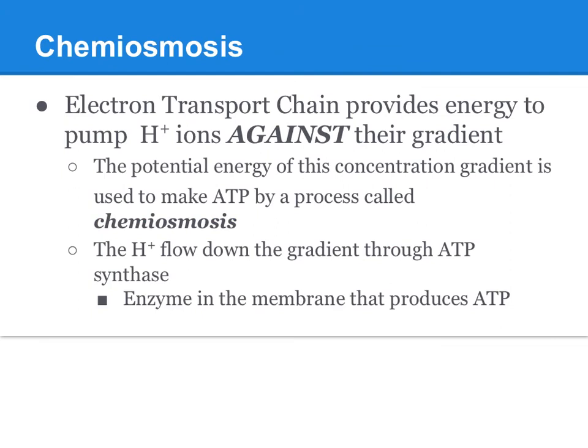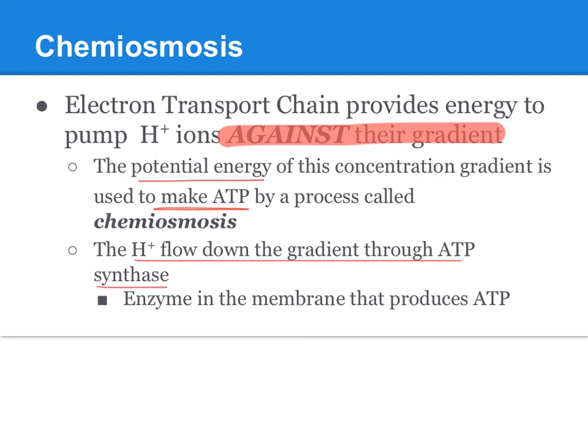Okay. So the electron transport chain is pumping those hydrogen ions into that area that had a lot of hydrogen ions already, so it's going against the gradient. What this is going to do is increase potential energy, and that's the energy we're using to make the ATP. Then they're going to flow through the ATP synthase, and that's how we get our ATP.